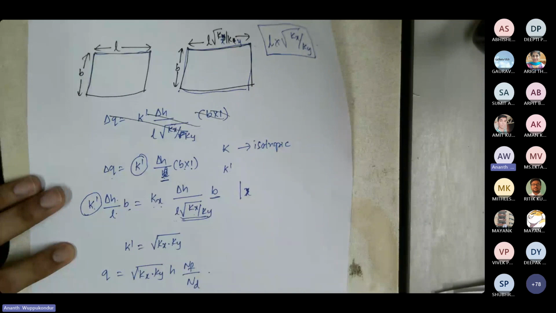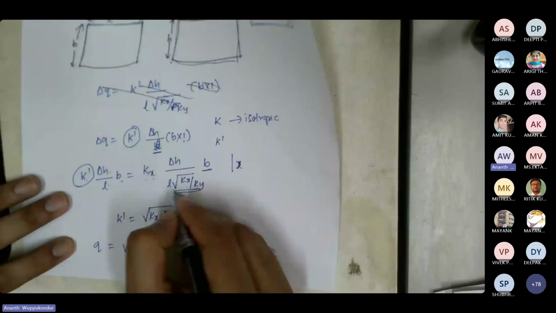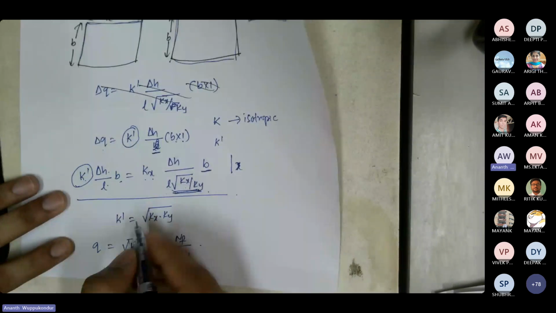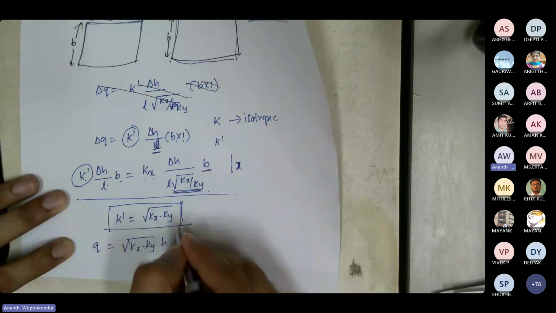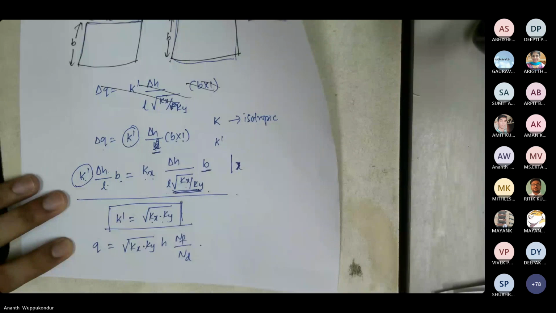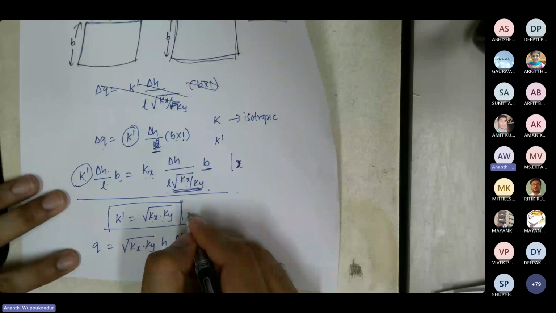So if you simplify this, the new hydraulic conductivity is the square root of Kx Ky.